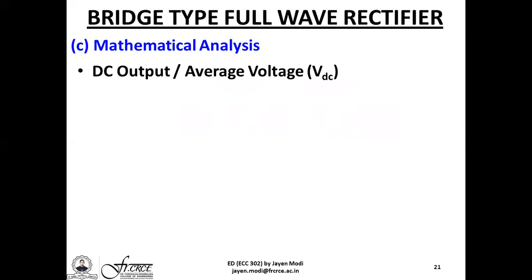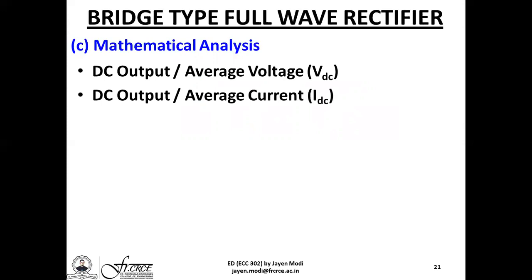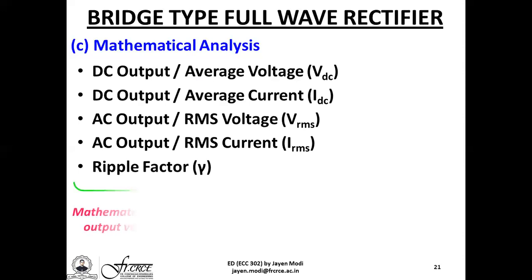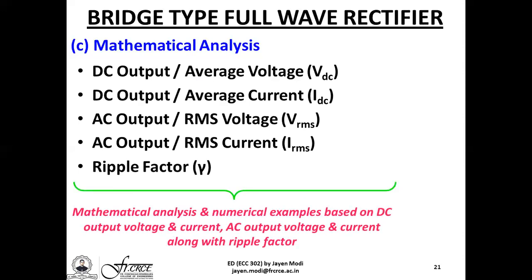So here we'll be deriving the DC output or the average voltage VDC, the DC output or the average current IDC, the RMS value of the AC output voltage VRMS, the RMS value of the AC output current IRMS, and finally ripple factor given by gamma. So these are the particular mathematical analyses which we'll be covering for today.